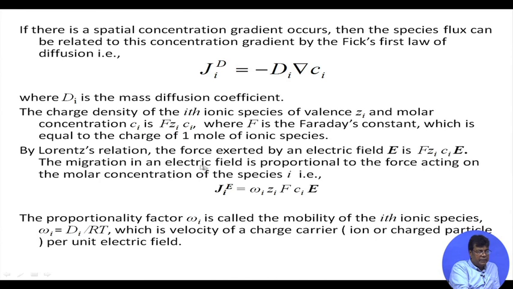That is the one we refer to as electromigration. If C_i is the molar concentration of the ith ionic species, it has a charge density F Z_i C_i, where F is again the Faraday constant and Z_i is the valence of that ionic species.